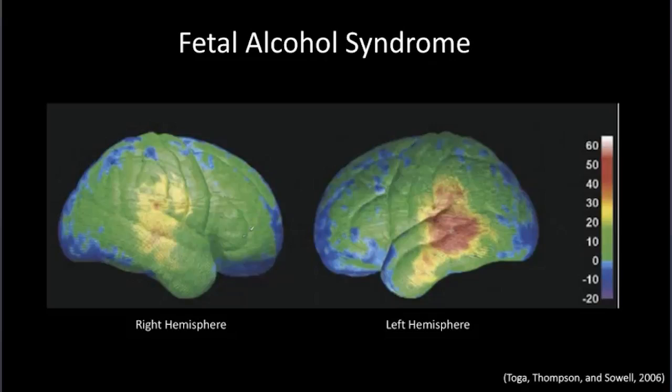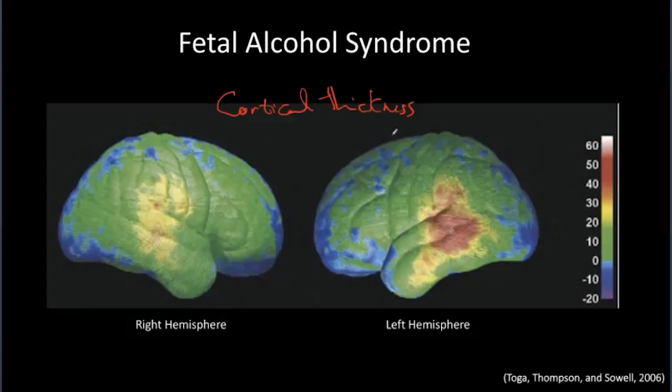And if you just evaluate their brain, kids that had moms who have been drinking during the pregnancy, as you can see here, we are using a method that we call, if you remember, cortical thickness measurement.